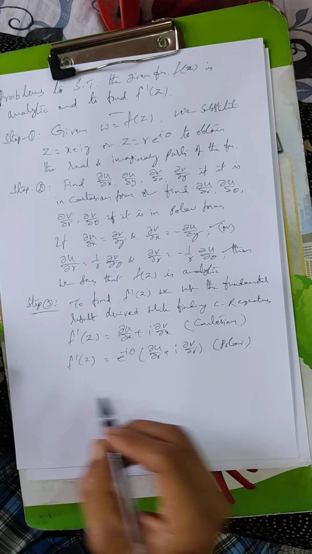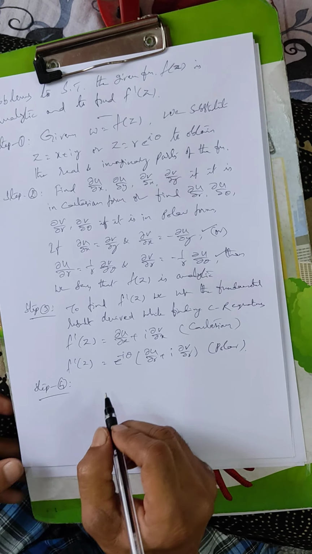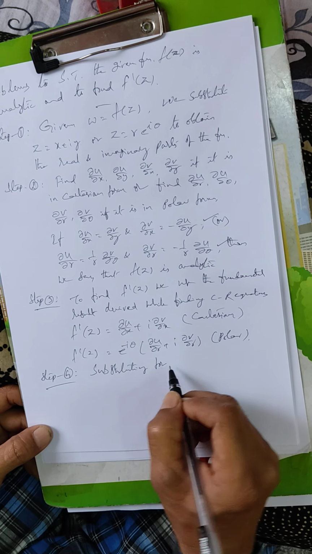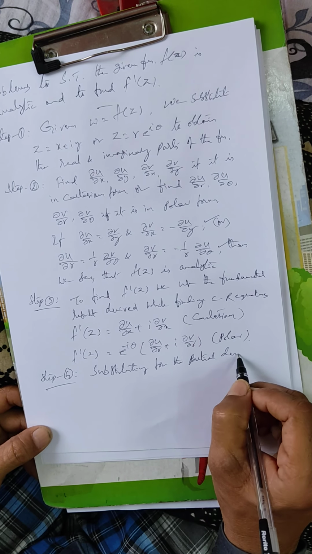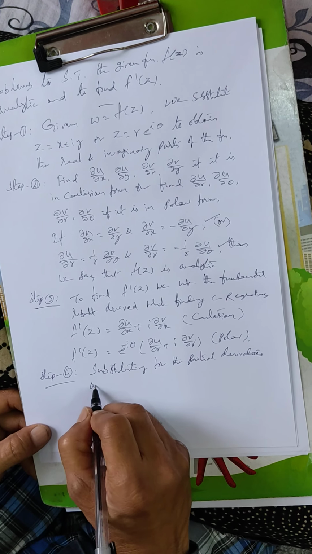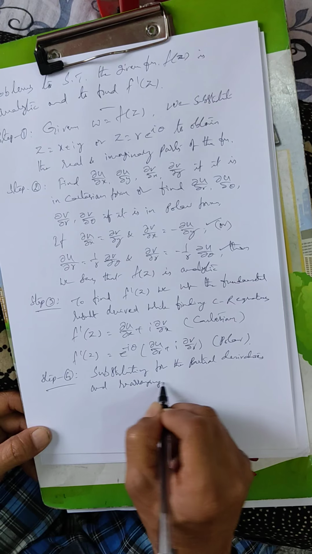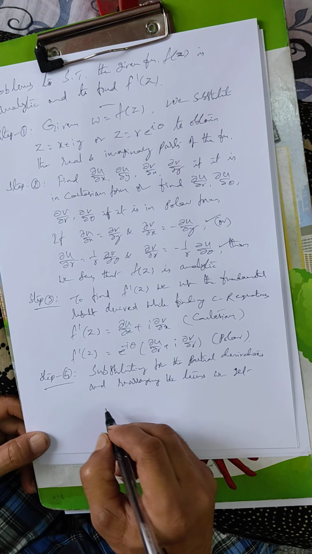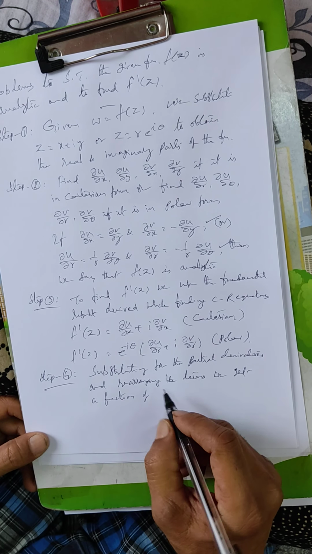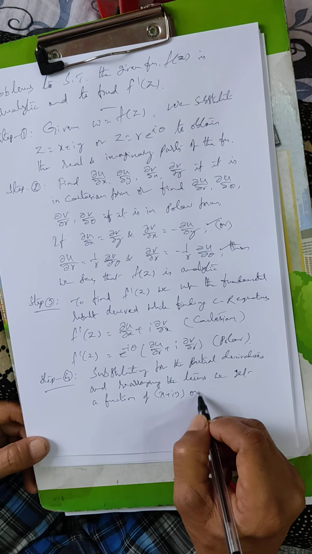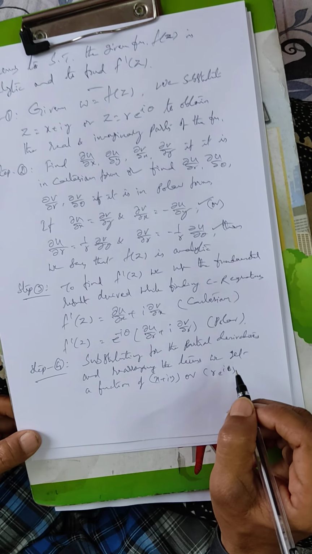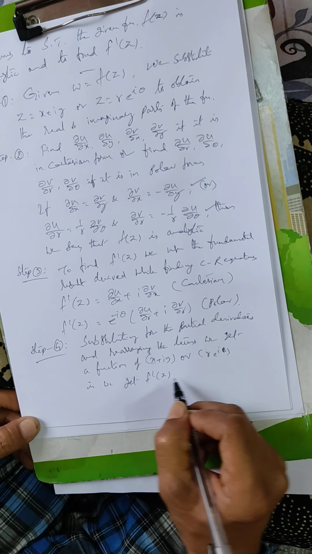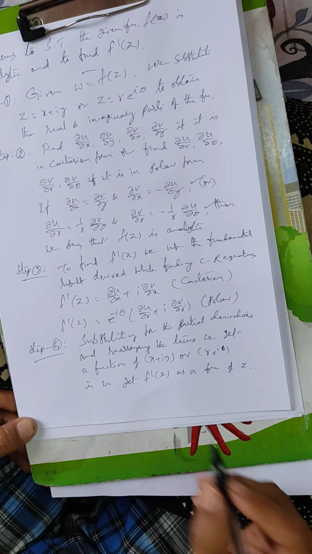Okay. So now step 4: we substitute for the partial derivatives and rearrange the terms, and we get a function of x plus iy or r e power iθ. So we get f dash of z as a function of z.